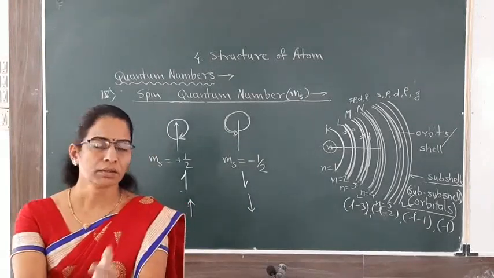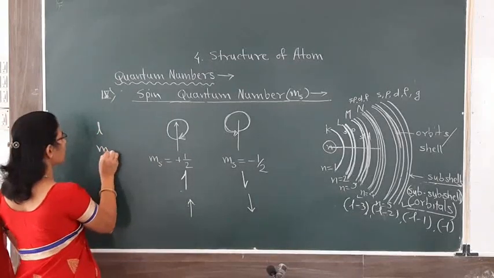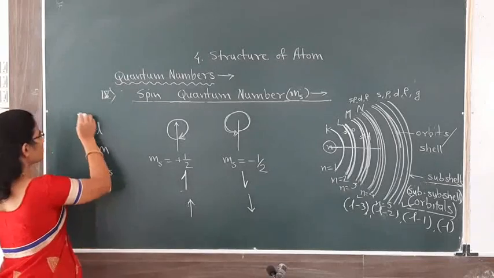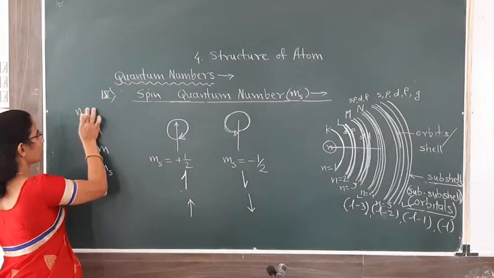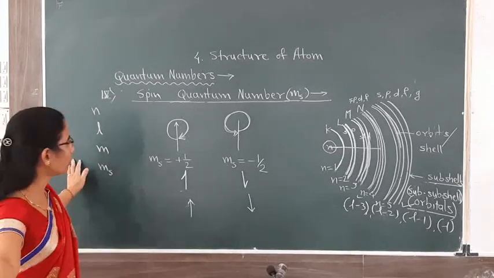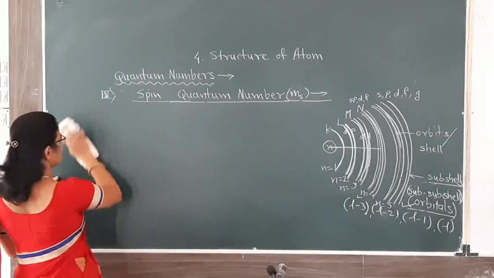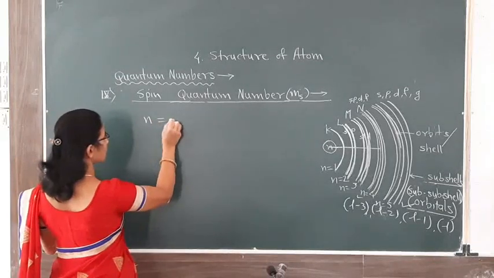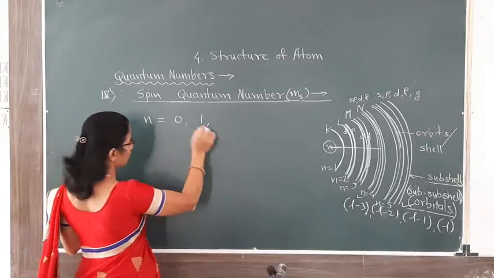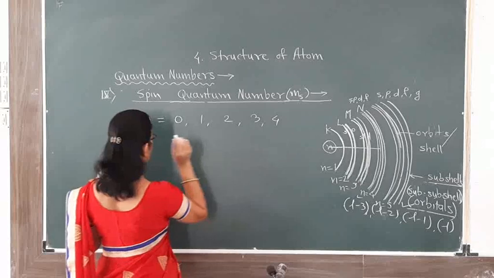Now here, determining the values of L, M and Ms are very important, and those values depend upon the value of N. So you have to remember all these 4 quantum numbers. How are these quantum numbers determined? We know, again I will repeat, the principal quantum number is denoted by the integral values like this.